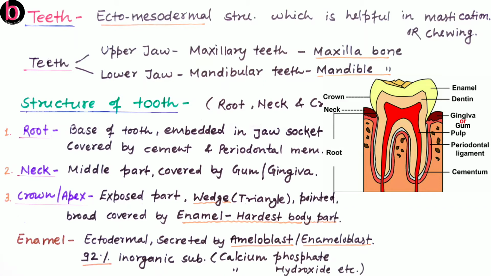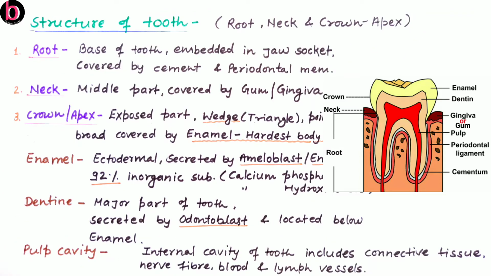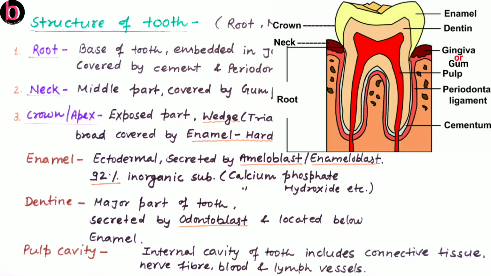Why is enamel the hardest substance? Because it carries the maximum amount of inorganic substances. In enamel there is nearly 92% inorganic substance. So this is about enamel.